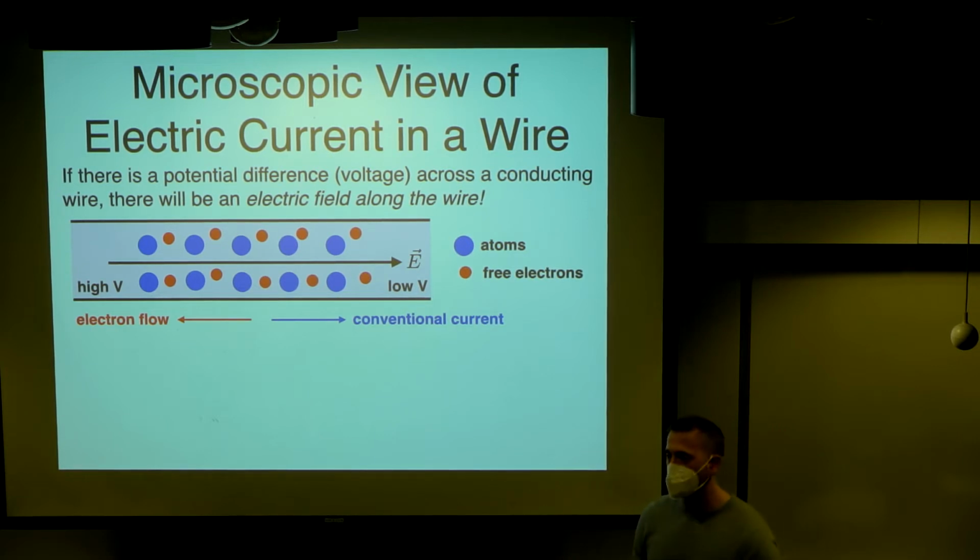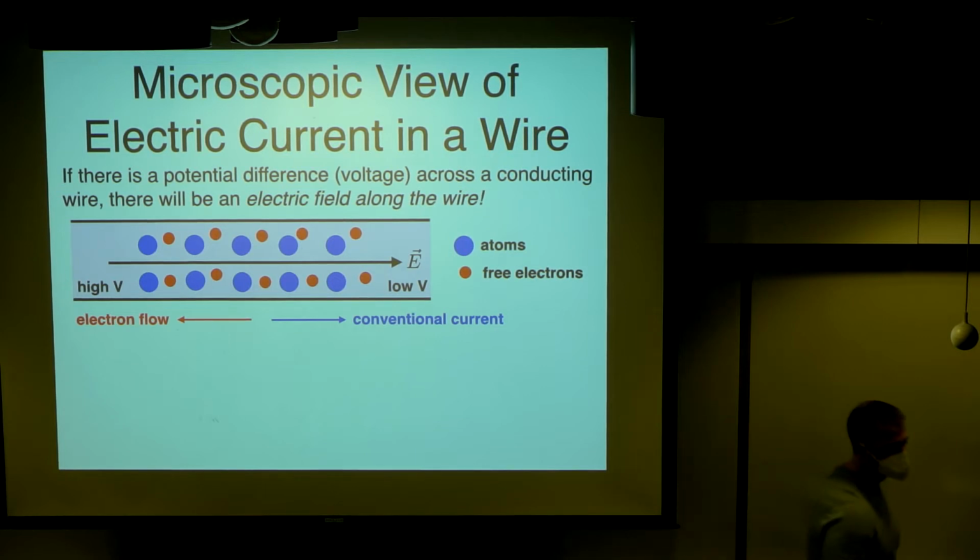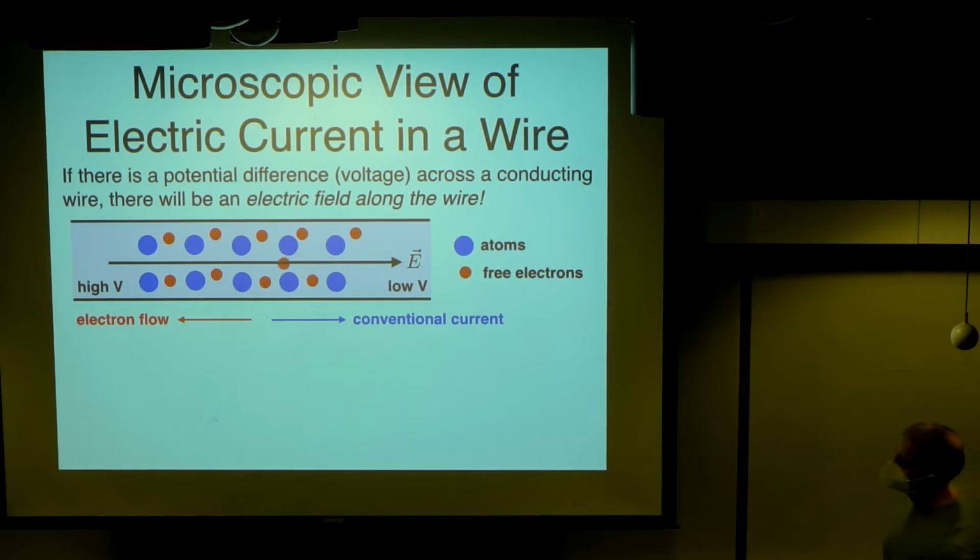So you don't want to think about this as just it moves in a straight line from right to left, right? Instead, it's going to look something like this. It's going to be this sort of pinball effect, right? Frequent collisions with the atoms and the other free electrons in the wire. But overall, it's moving to the left, okay? But it's doing so in a very indirect way.